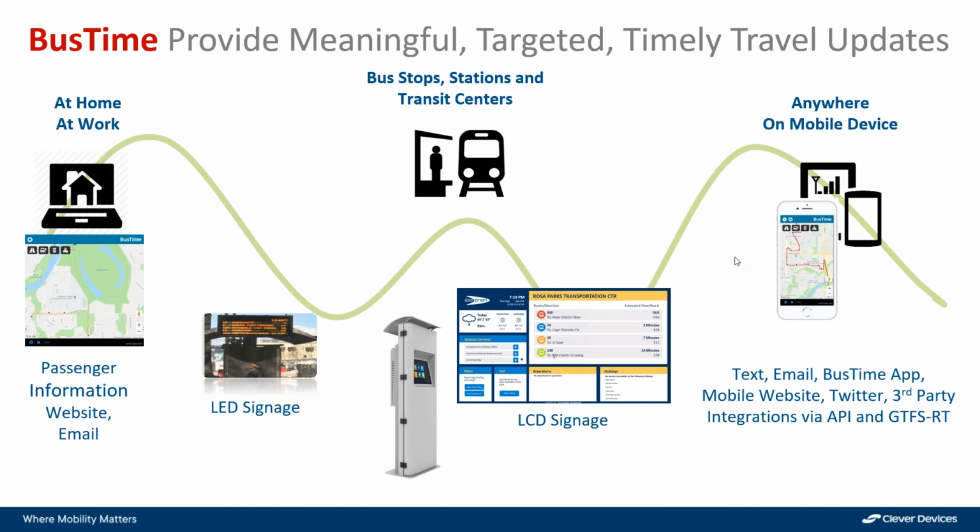Then out in the field at bus stops, at stations, and at transit centers, as well as onboard vehicles, we can communicate with riders through LED and LCD signage, as well as onboard signage. And then really anywhere your riders are through mobile devices. We support SMS alerts, email alerts, mobile websites and mobile apps, Twitter, and then any other third-party integrations supported by our BusTime API and through the GTFS-RT.